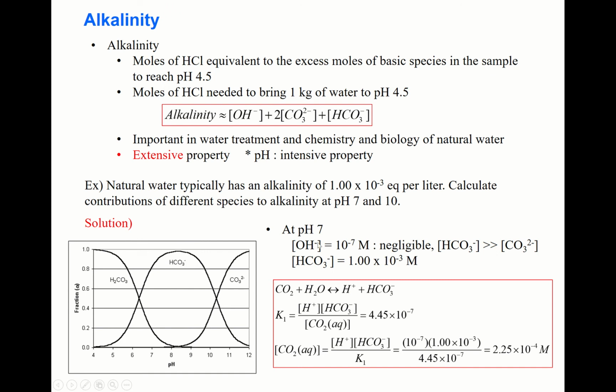At pH 7, hydroxide ion concentration is 10 to the minus 7 molar, and you see at pH 7 this bicarbonate concentration is much greater than this carbonate here. So we ignore this term, all right?